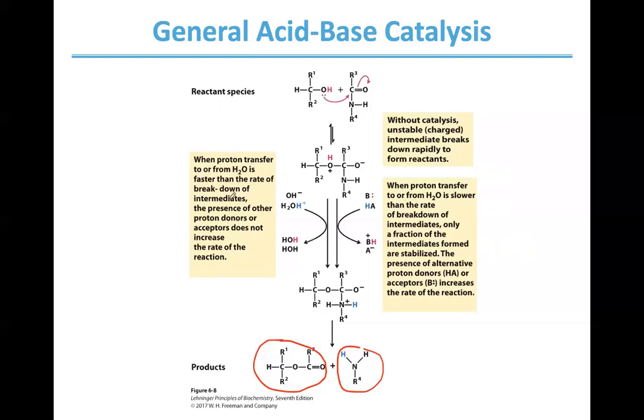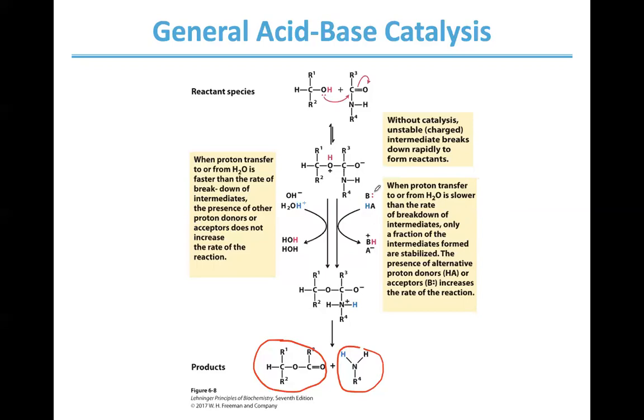Now, don't worry about these additional details. What I want you to take from this slide is the idea that there are different ways for this. So for example, this reaction can be uncatalyzed. For example, water can pick up a proton here and can deliver it to this nitrogen, right? And this reaction will be uncatalyzed.